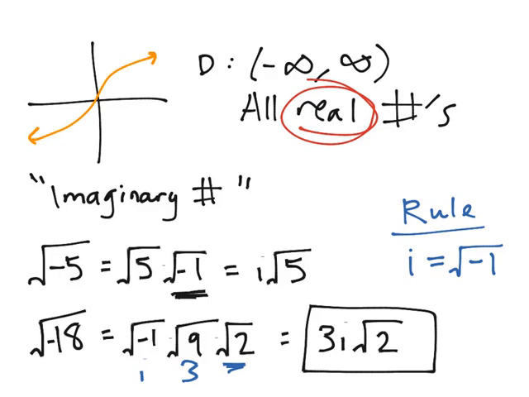Alright, and we're doing all this using our radicals rules, and all we're adding on is this rule right here. Our imaginary number I equals the square root of negative 1. So anytime we can factor out a square root of negative 1, we should do that and replace it with I so that we know that it's an imaginary number.